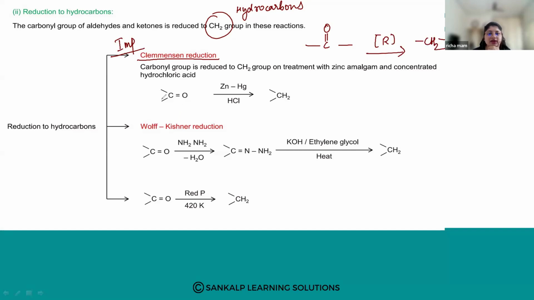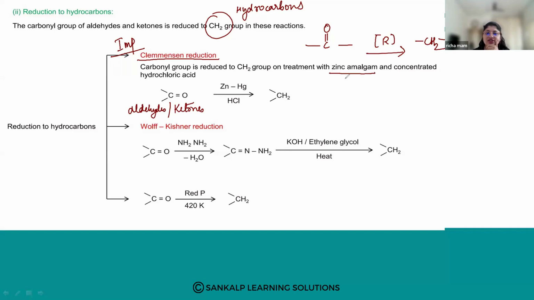Your aldehydes or ketones both can be taken. In this reaction, we have taken generally a carbonyl group, so you can write here aldehydes or ketones. Both the aldehydes and ketones are treated with zinc amalgam.